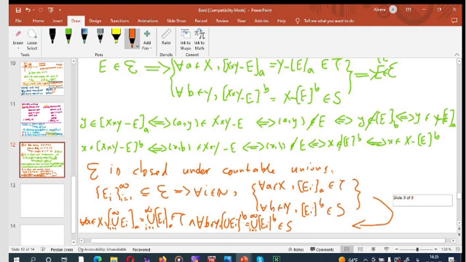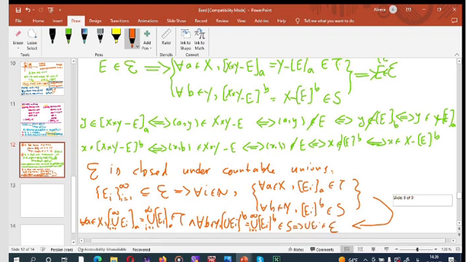Also this countable union must belong to tau, because all of these are elements of tau, and tau is a sigma algebra, and this says that this union must belong to E.